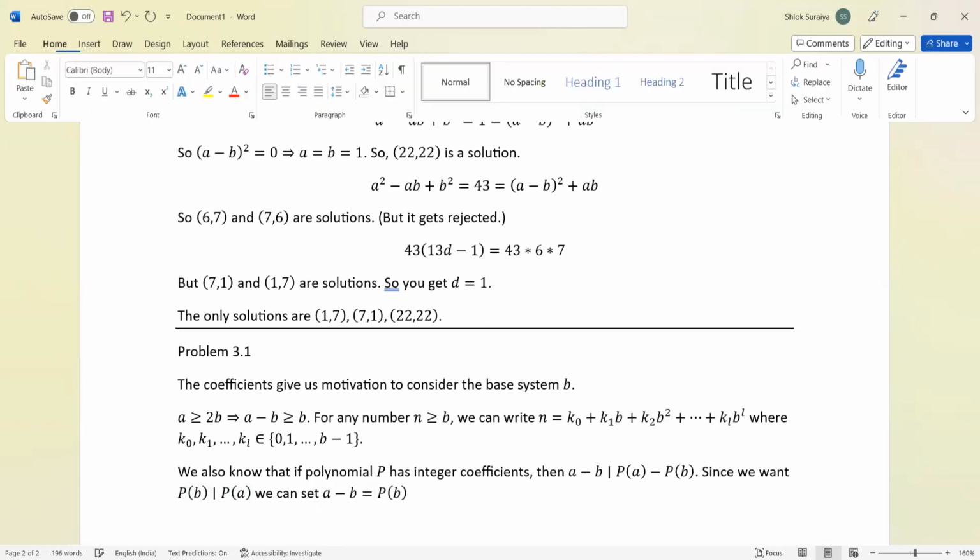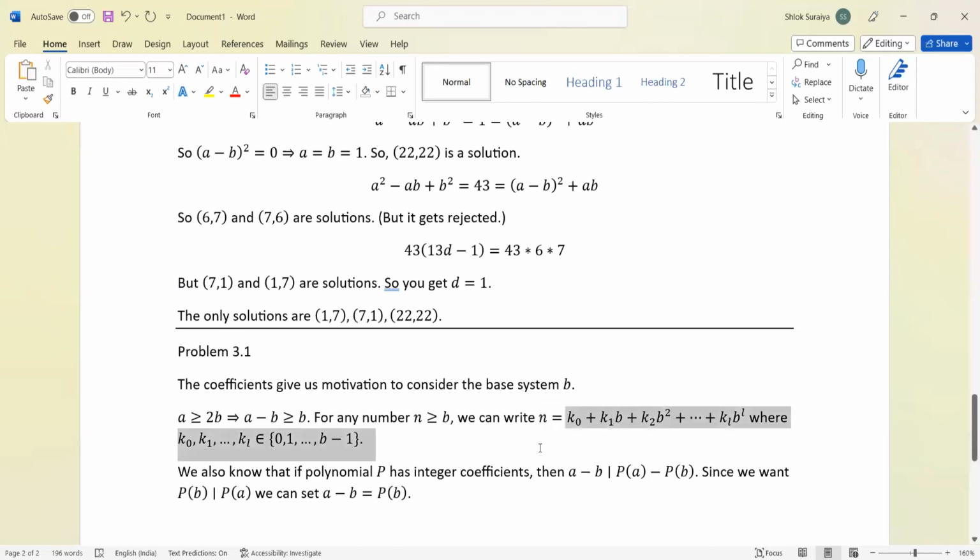Because if a minus b equals P of b, then P of b divides P of a minus P of b. So P of b divides P of a. So that's what we want. So if it is possible to write P of b as a minus b, then we're done.